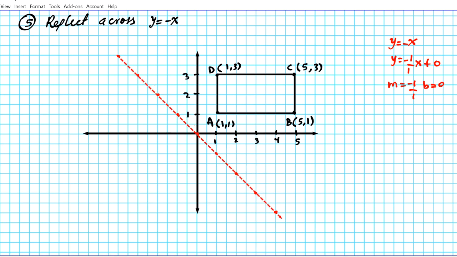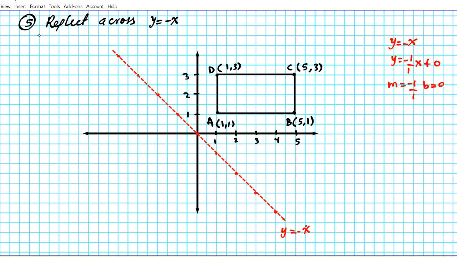All right, so what do you think is the best method to use for this one? If you're dealing with slanted lines, we went over it multiple times, you want to use the numerical method. I know some of you can visualize it, but the safe method to use will be the numerical method. So let's specify the formula for y equals negative x.